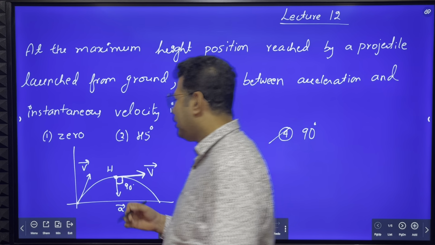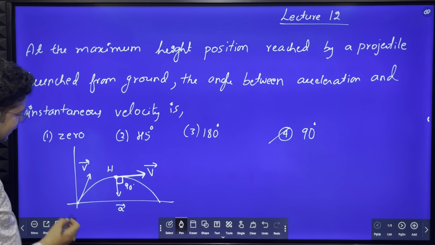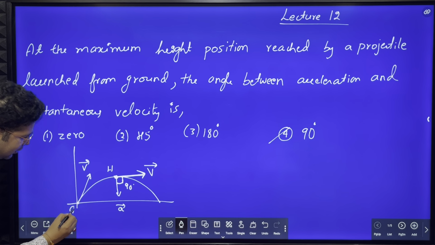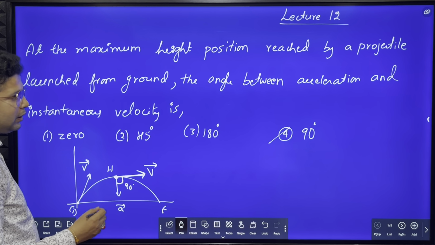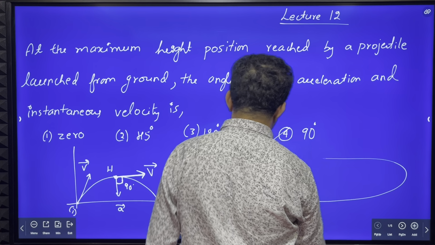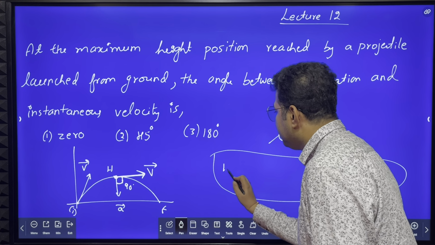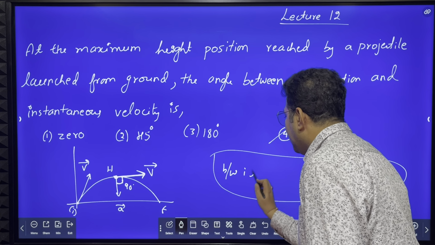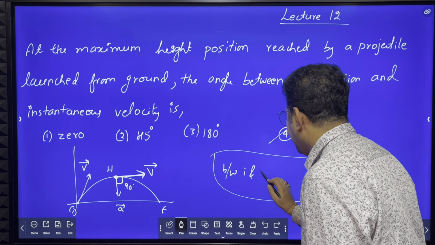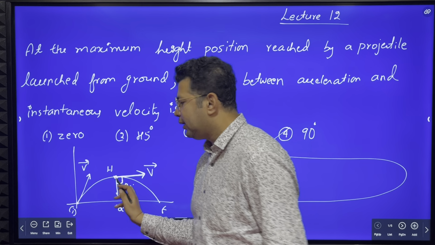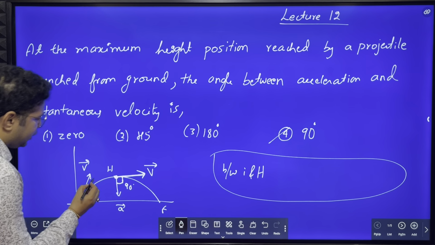Now, say I call this the initial point, this the maximum height, and this the final point. Some additional information: between I and H, say for example, I consider a point here.